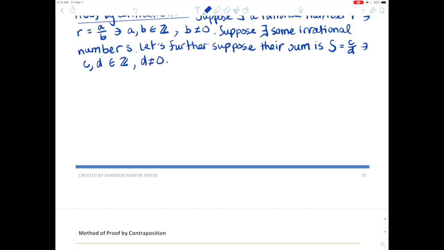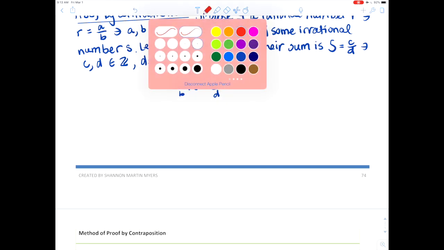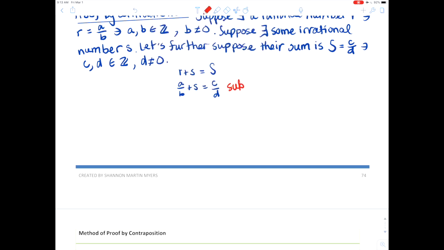So let's check it out. R plus lowercase s is equal to capital S. And R is what? A over B plus s is equal to C over D. And remember, that's just by substitution.